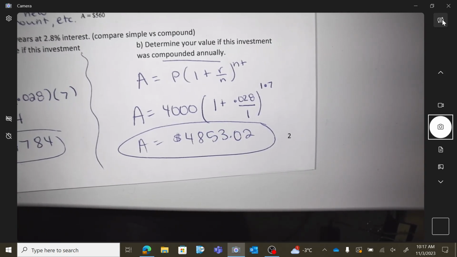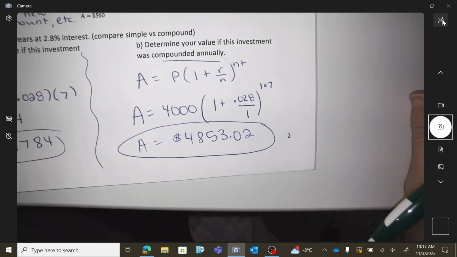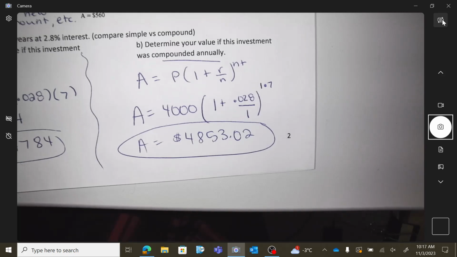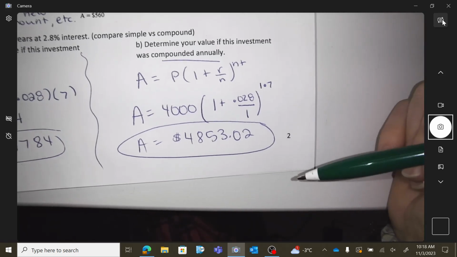Are we matching? No? You want to try it again and see? Don't put the ones in there, just avoid them, right? You don't need them. Okay, are we matching?